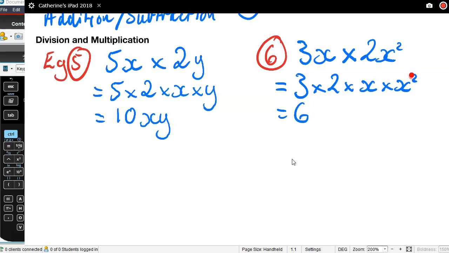We look at the powers, don't we? And I've got to consider that x is x to the 1, and this is x to the 2. That is showing that that is actually x times x, isn't it? So it's x times x times x, which is x to the 3, or x cubed.